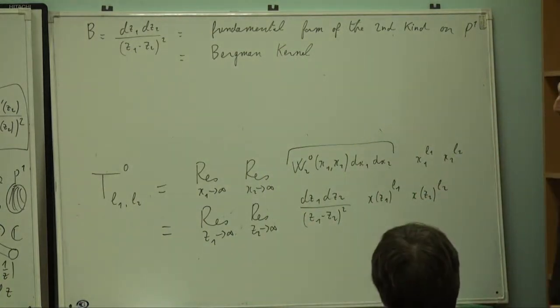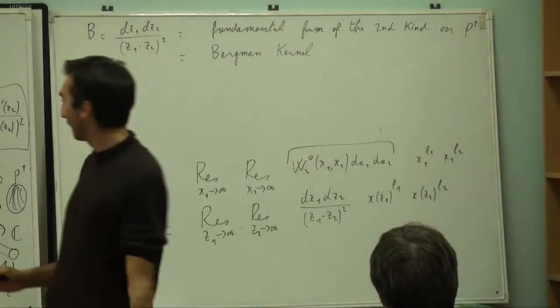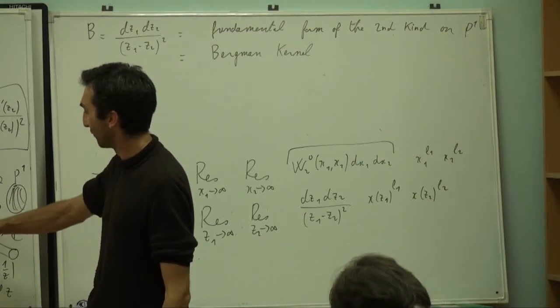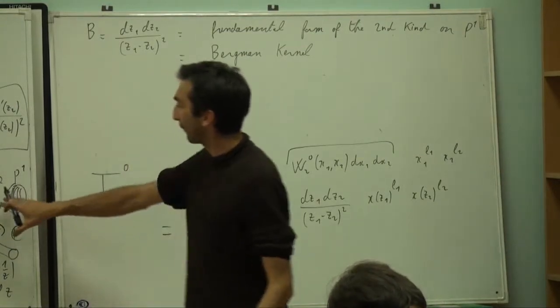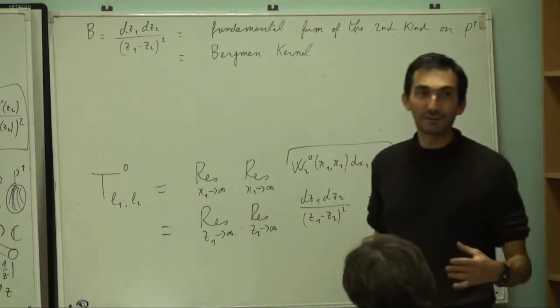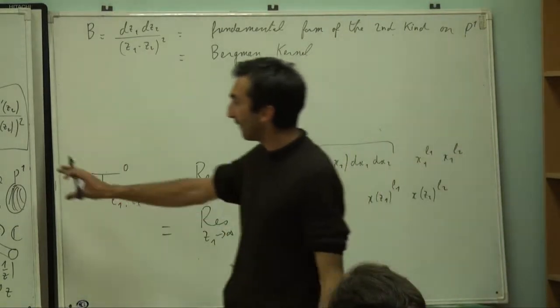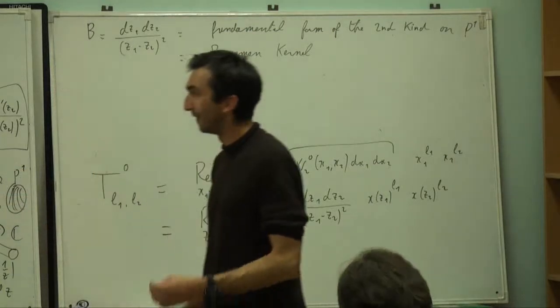So in this example of counting maps, the curve which we have here, the Riemann surface, has the same topology as the Riemann sphere. It's an embedding of the Riemann sphere into C cross C.